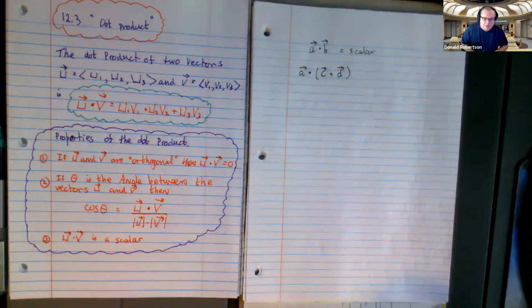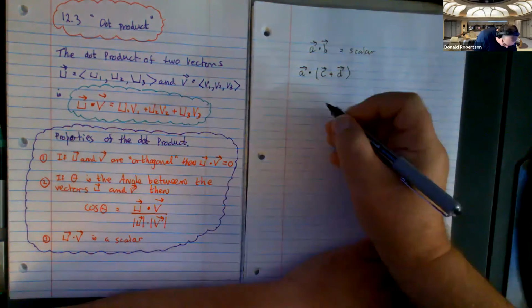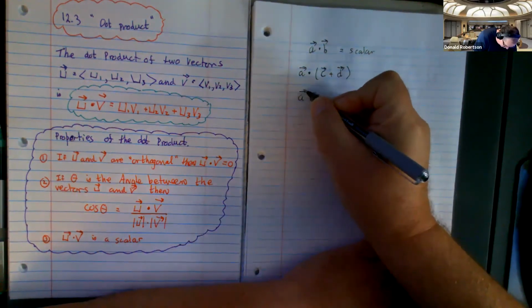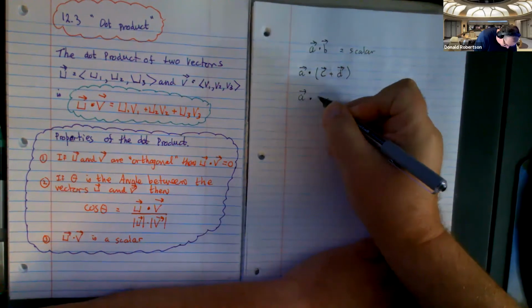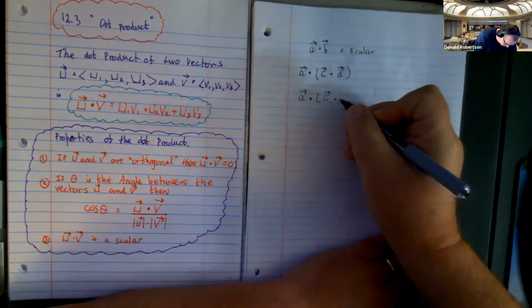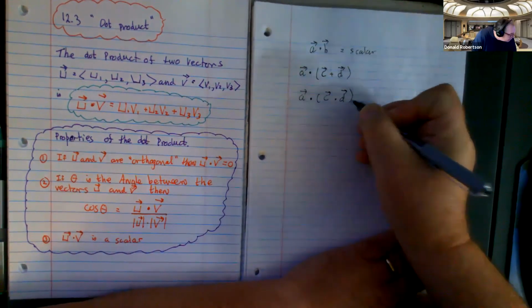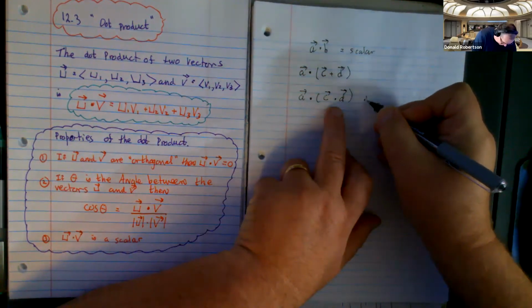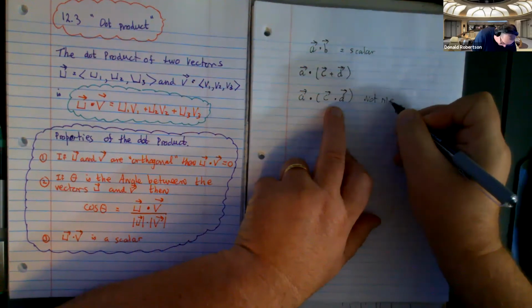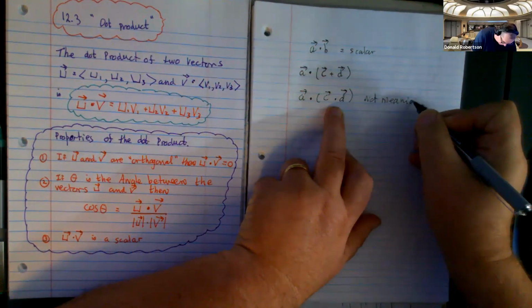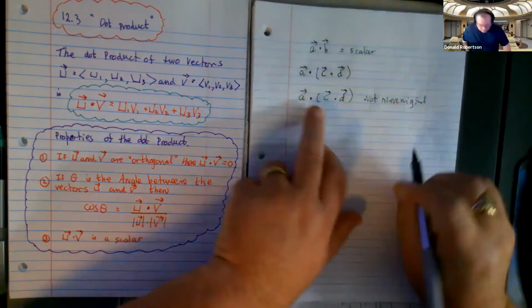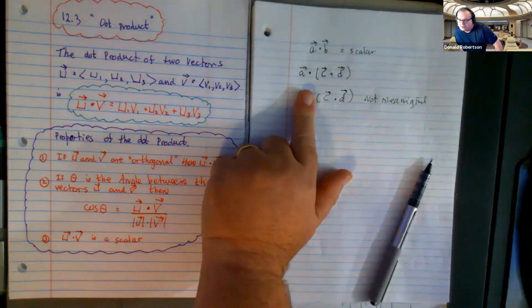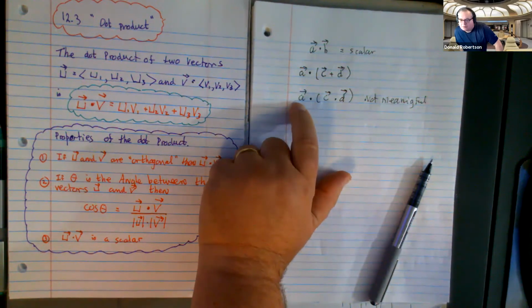On the other hand, to use their words, this is not meaningful. You can't do a dot product of a vector and a number, right?